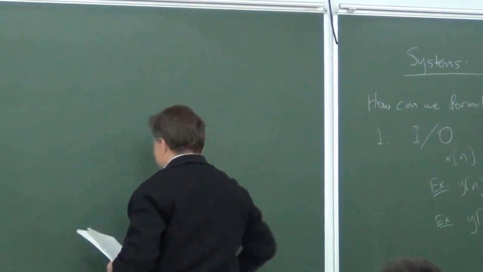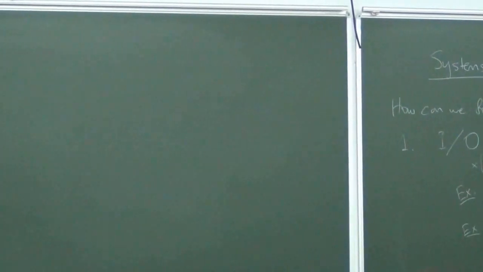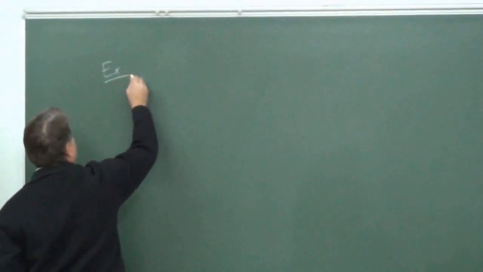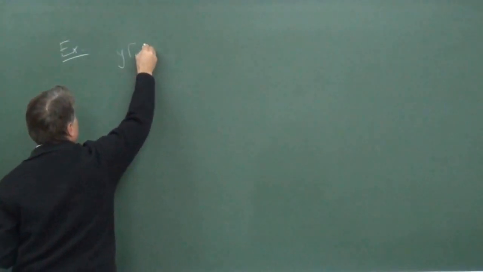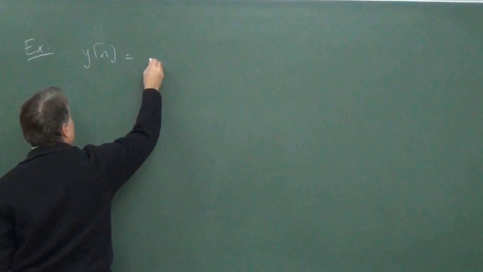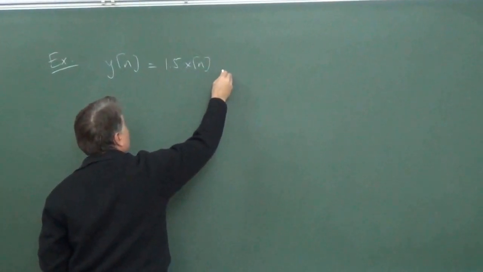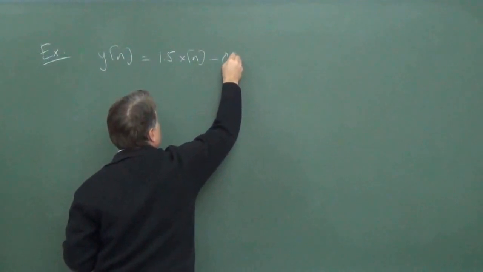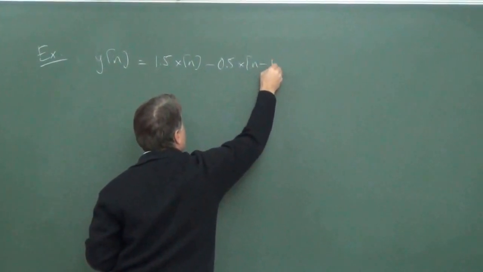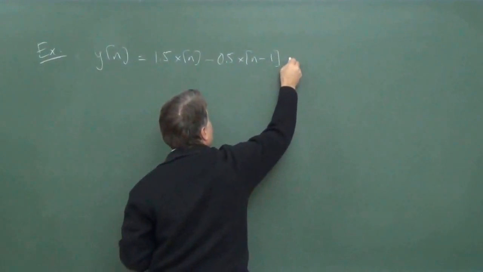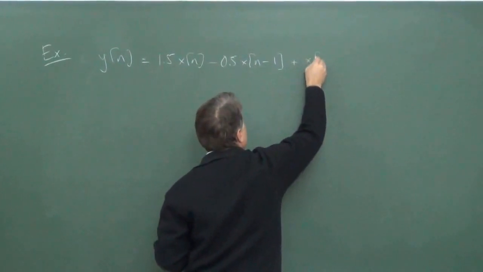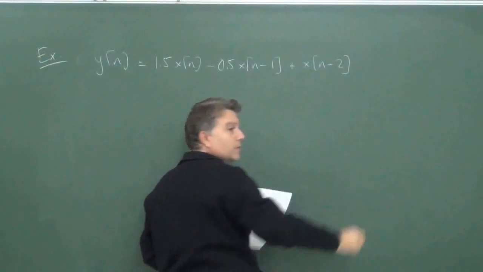We can extend the examples in discrete time like this. Yn could also be 1.5 xn minus 0.5 xn minus 1 plus xn minus 2.